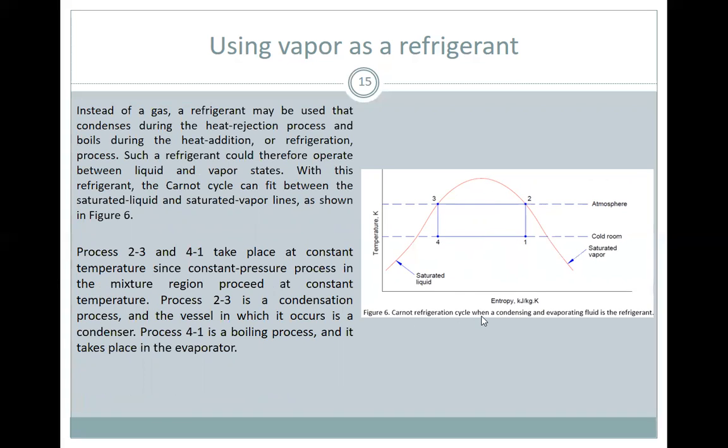Carnot refrigeration cycle when a condensing and evaporating fluid is the refrigerant. Refrigerant na mga R12, the wet region. Air is also a refrigerant pero iba yung diagram niya. Ito yung mga common refrigerant: saturation, atmosphere, cold room.